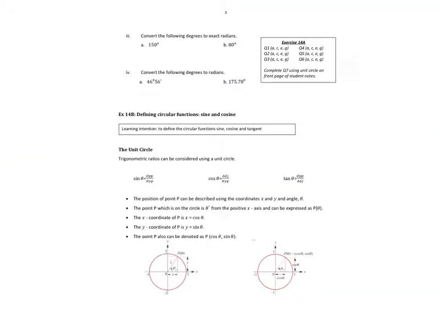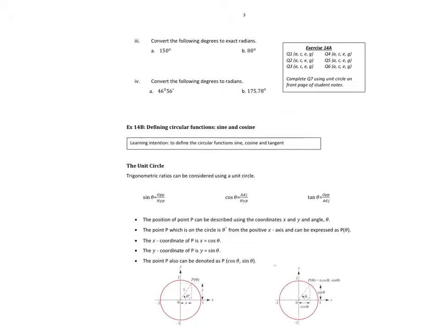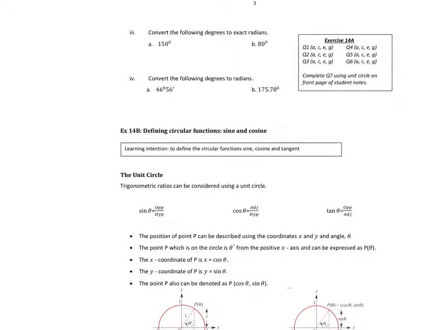Similarly, if I want to convert degrees into radians, I need to multiply by pi over 180.